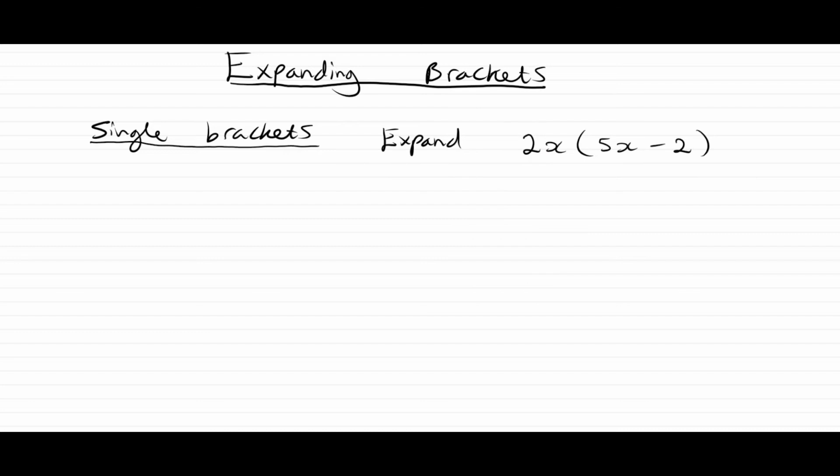Here's another example. You may be asked to expand 2x, open bracket, 5x minus 2, close bracket. So again, I'll give you a moment to try and do this. Pause the video now. Okay, welcome back if you've given that a go. Again, quite straightforward. You've got 2x, you multiply that by 5x, which gives you 10x squared.